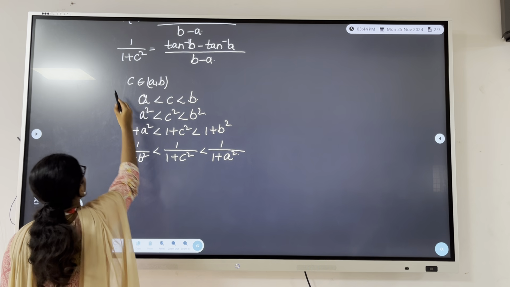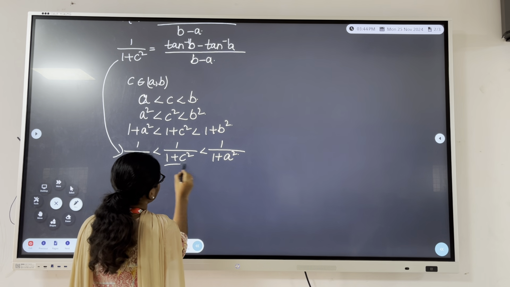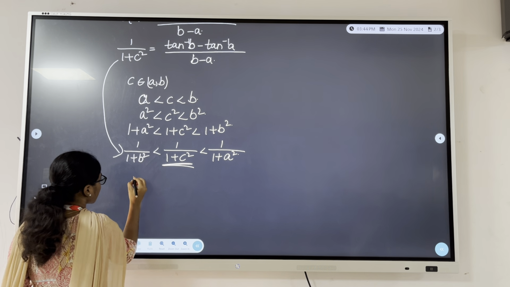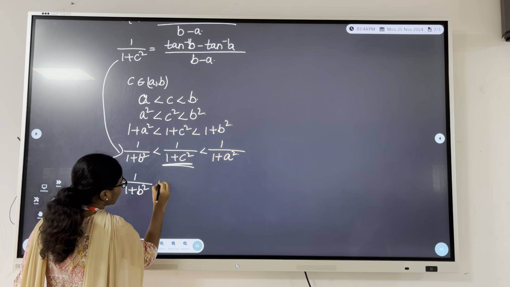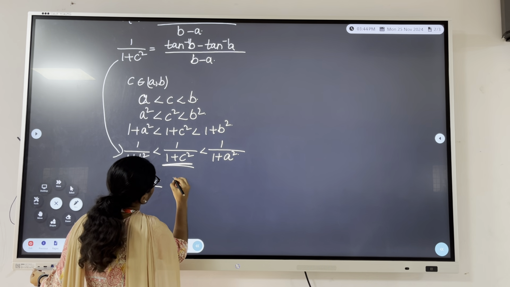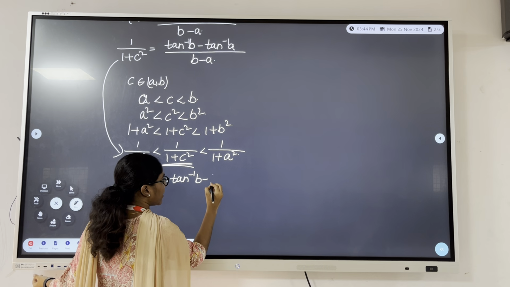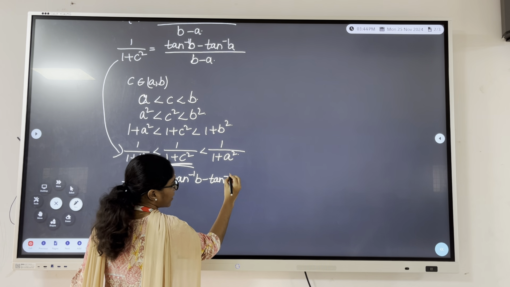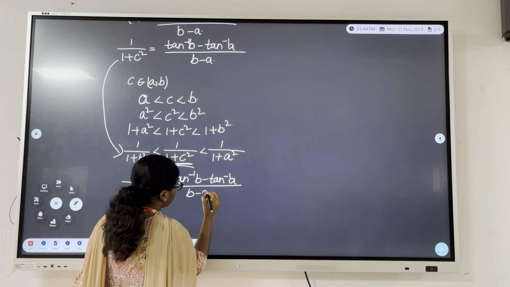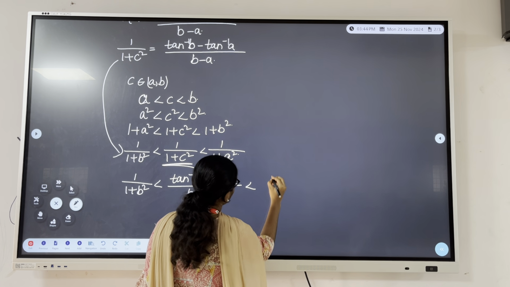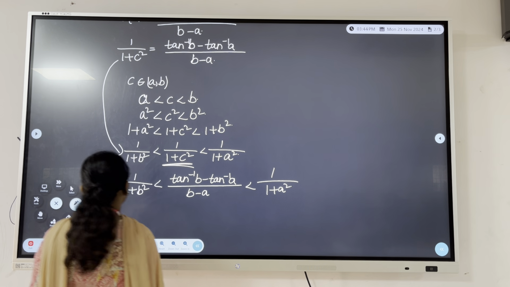As we got, now substitute this in place of 1 by 1 plus c square. 1 by 1 plus b square is less than tan inverse b minus tan inverse a by b minus a, less than 1 by 1 plus a square.